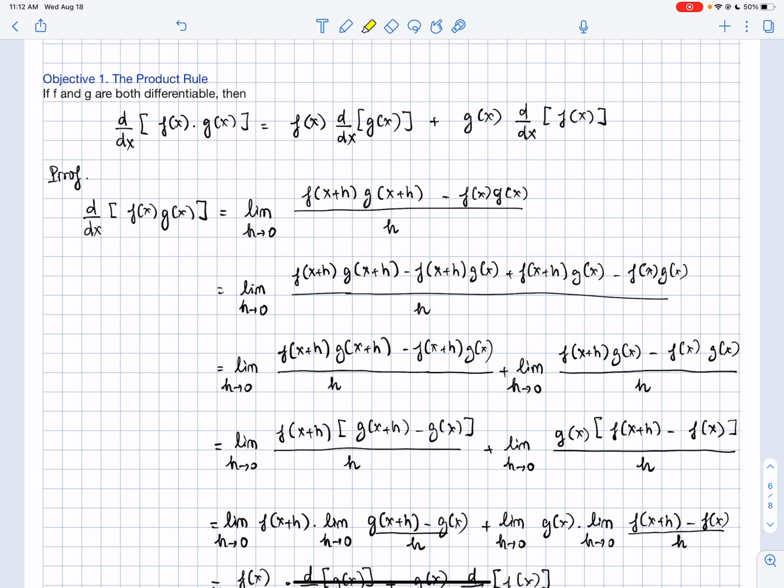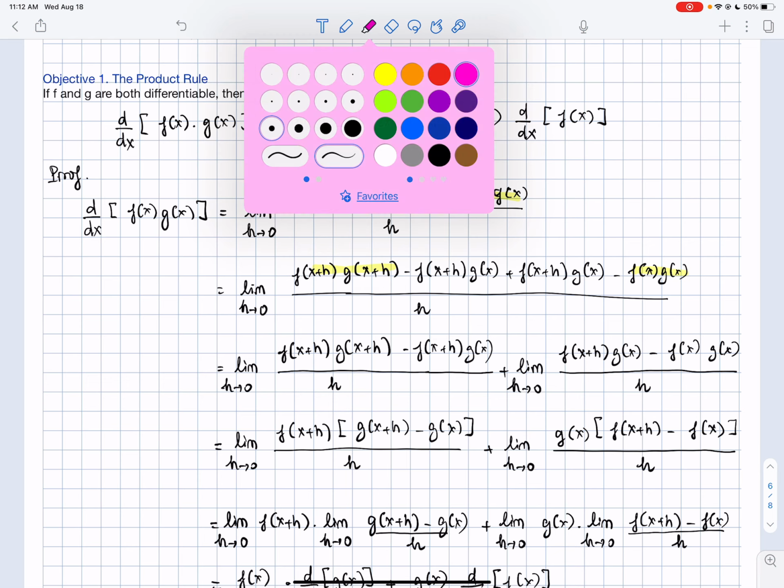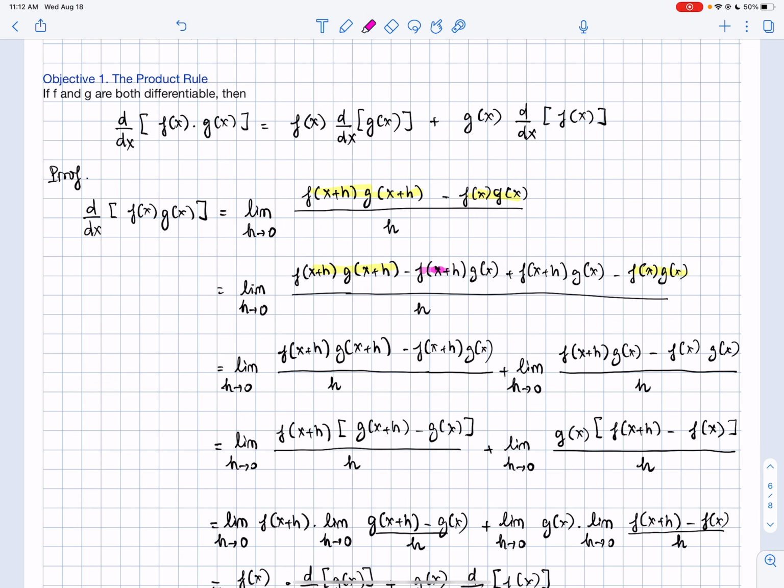I keep this one the same, and then we add and subtract the same number so that it becomes 0, so I don't change the original problem. So we add and subtract f of x plus h times g of x.